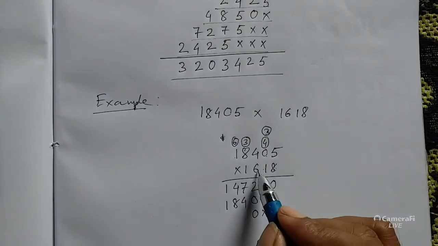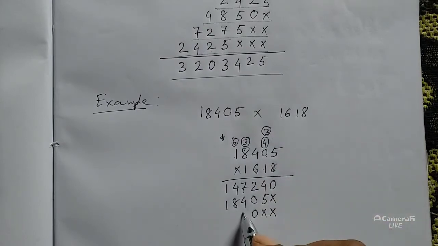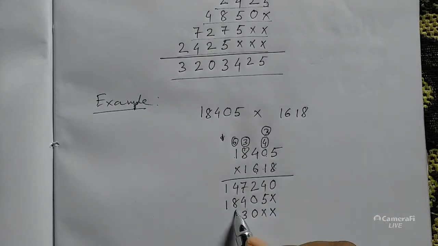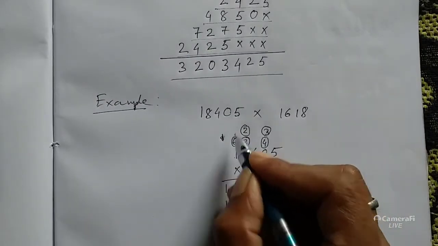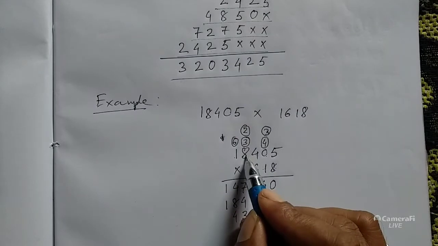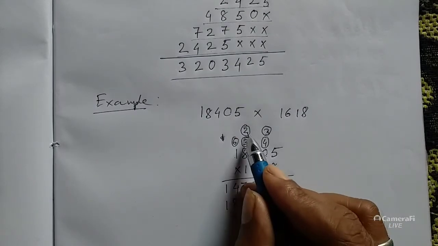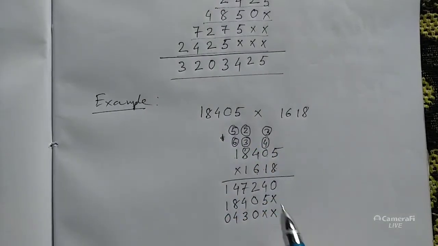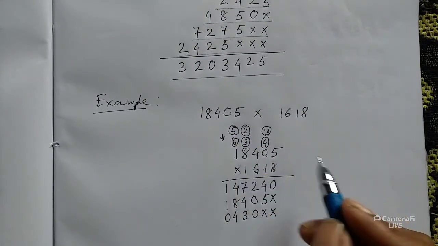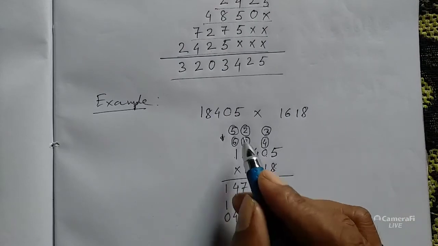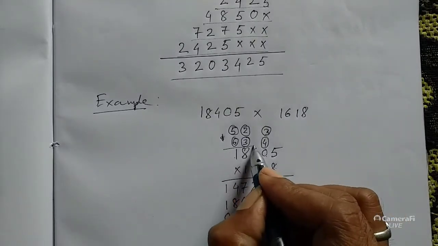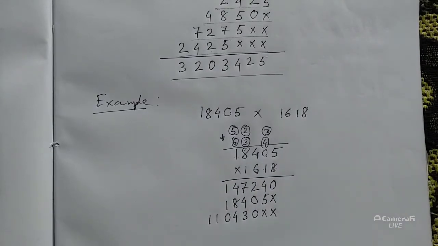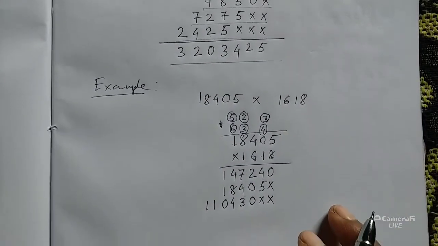Okay. 6 0s are 0 plus 3, 3. 6 4s are 24, 2 carried. 6 8s are 48 plus 2, 50, 0, 5 carry. 6 1s are 6 plus 5, 11. This one completes the third row.